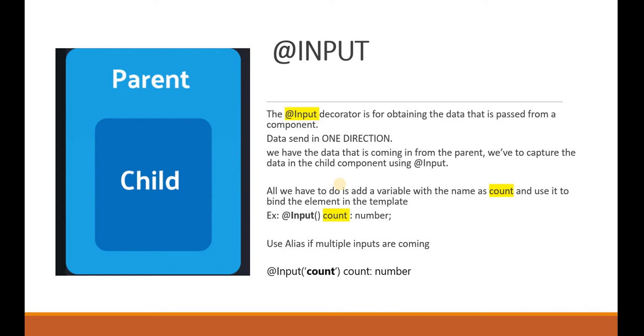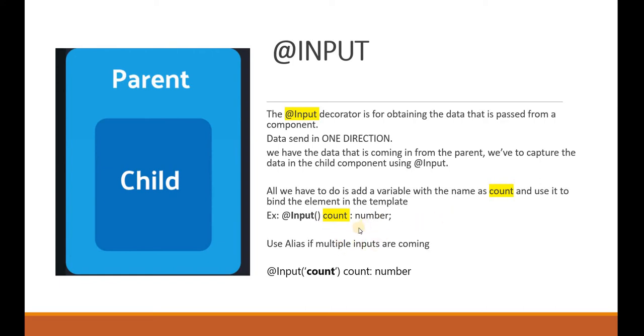When we have data coming from the parent, we have to capture it in the child component using @Input. All we have to do is declare a variable name, count, and bind the element in a template. If I write @Input count: number, then Input is my decorator, count is any variable, and number is the data type.